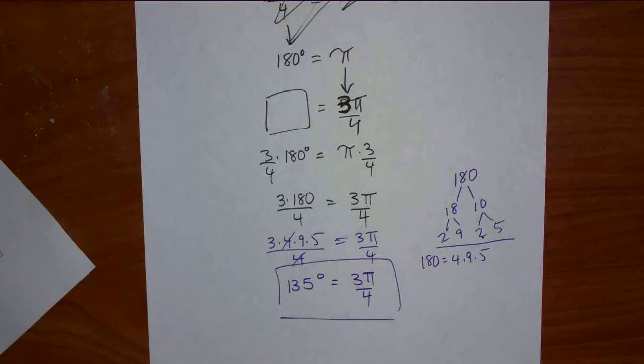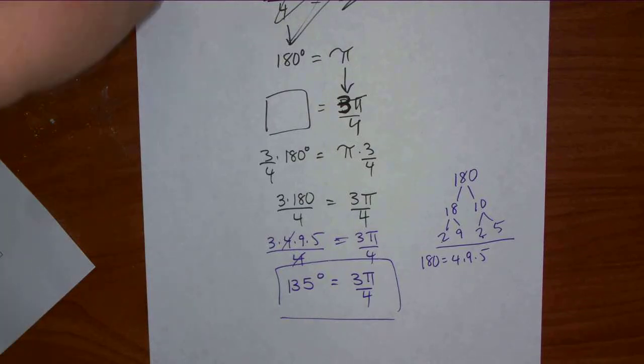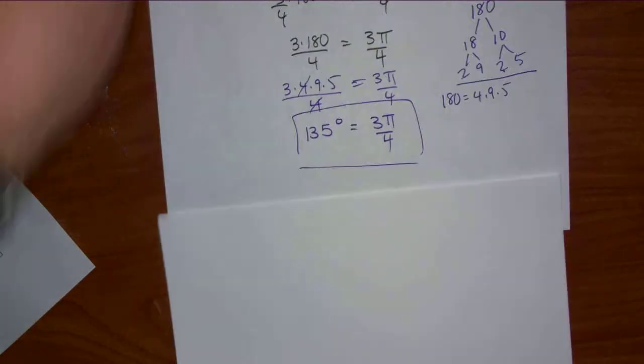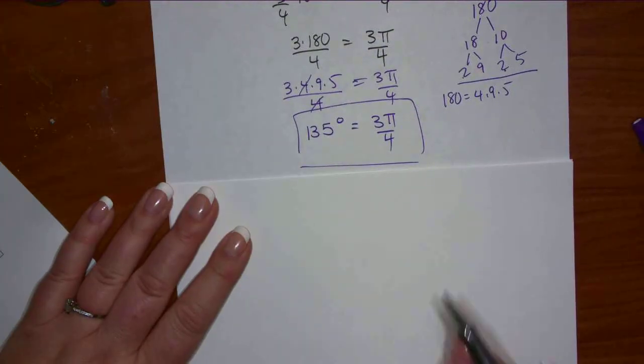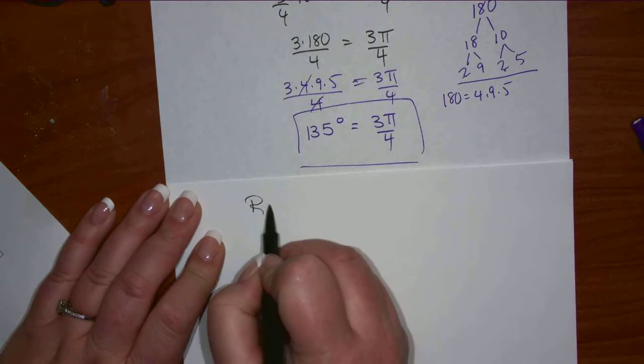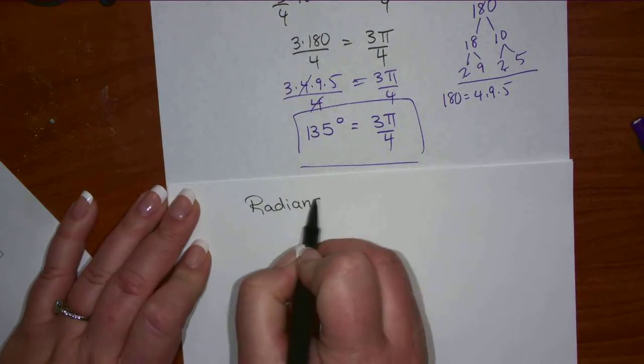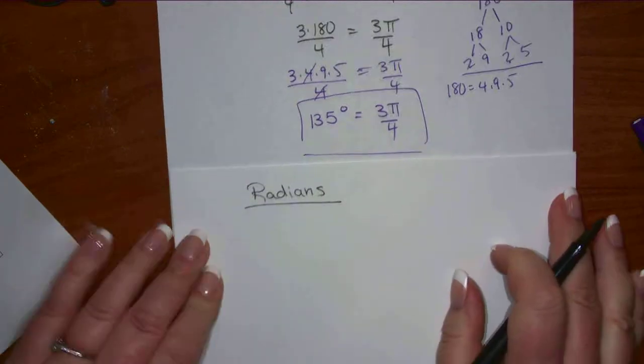Okay, so what we're going to do now is I'm going to attempt to convince you that radians is better than degrees, okay, in my own personal opinion. I may not convince you, and that's fine.